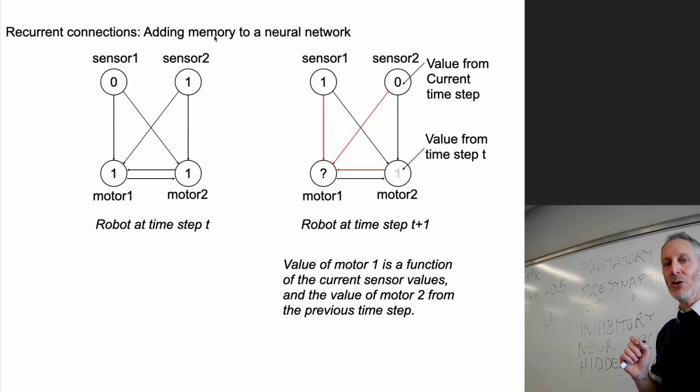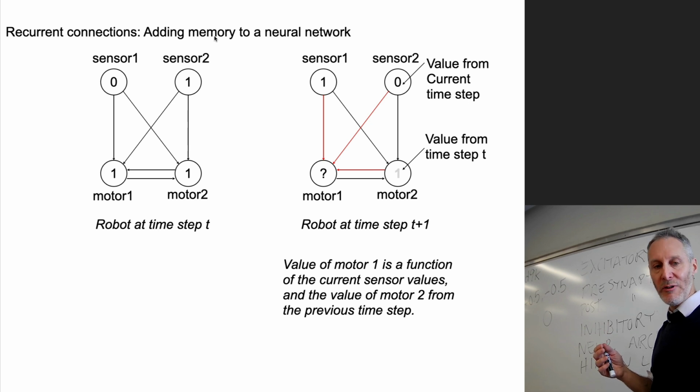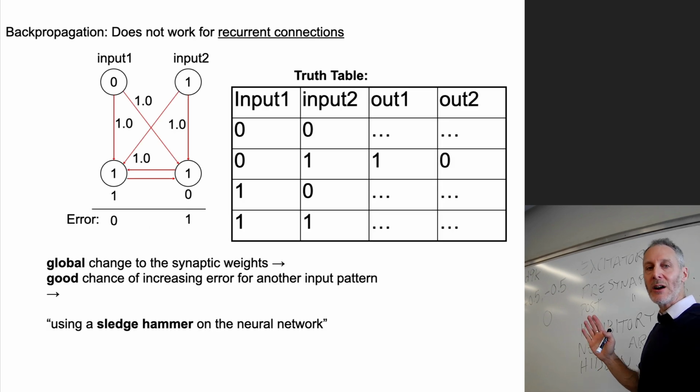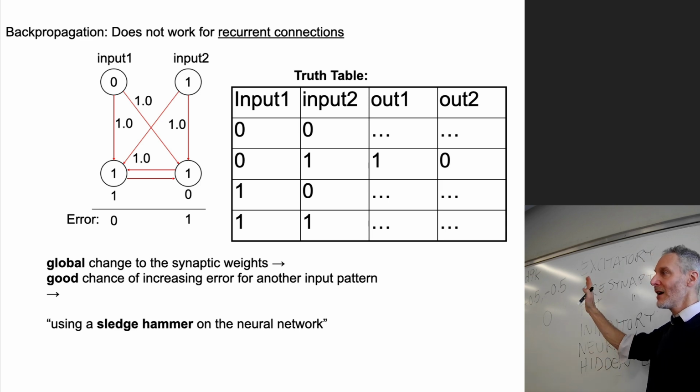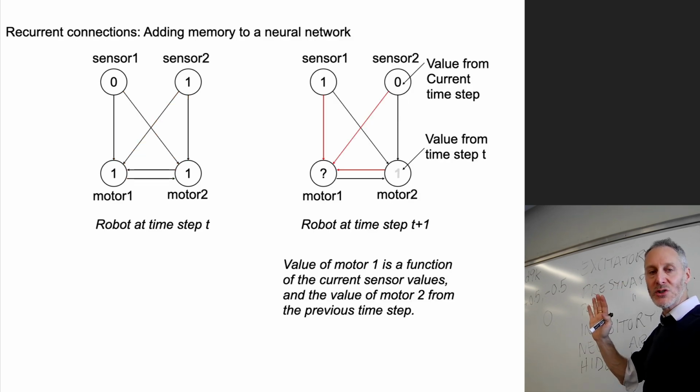Actually, it's tricky to know. But this is something you'll explore in the assignments and you can explore in your final project. Okay, I think we're going to stop here with the realization that recurrent connections break backprop, but they have very good uses for robotics, which is memory.